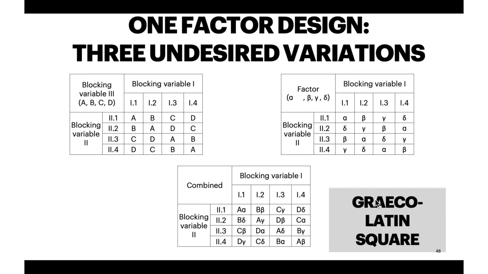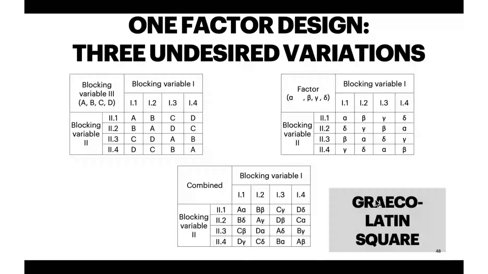The smart idea here would be to take 2 Latin squares, A, B, C, D on the left-hand side and a Greek-denoted square on the right-hand side, and combine them such that in this combined square, every row and every column has every Latin character, every row and every column has every Greek character, and every cell has a unique combination.